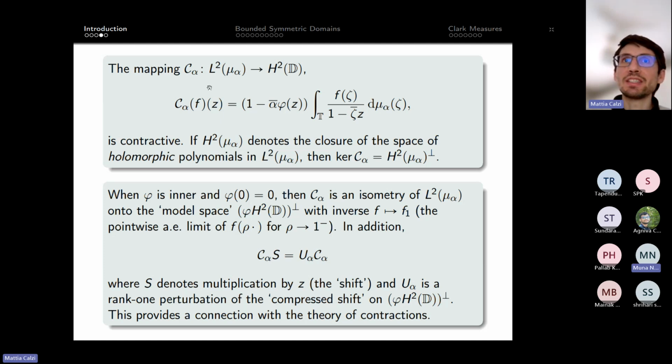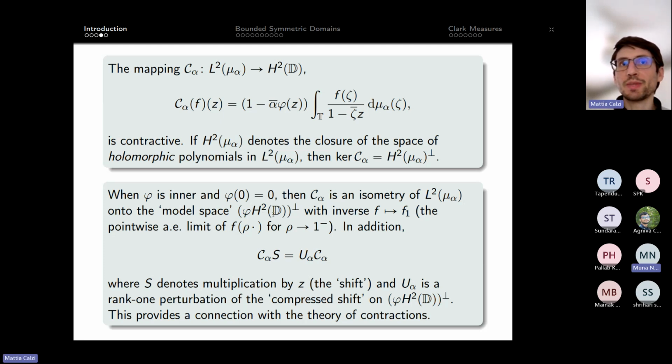And if phi is inner, this map is actually an isometry, because the kernel is 0. It's not onto, its image is the orthogonal complement of this object here, which is a closed subspace of H2, because phi is unimodular on the boundary, so it acts as an isometry in the Hardy space.